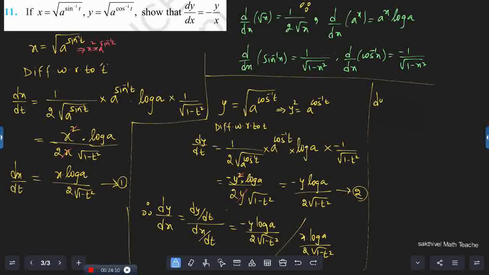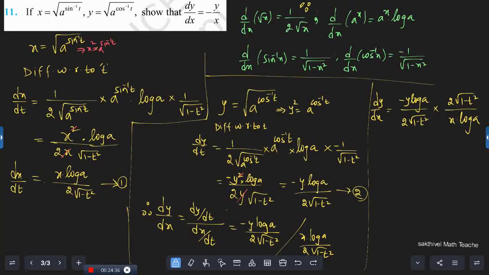Here we have dy divided by dx, which is equal to the numerator you write as it is, minus y into log a divided by 2 into square root of 1 minus t square. Now the denominator when you take to numerator it will be reciprocal, means 2 square root of 1 minus t square divided by x into log a.